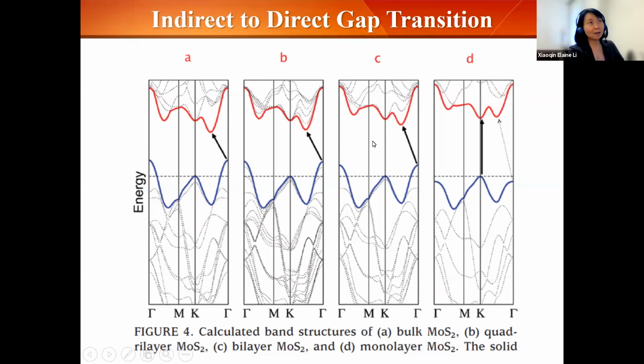And they're not lined up until you're all the way down to the monolayer limit. So from a bilayer to monolayer, you have a fundamental change in the band structure. And when it becomes a direct gap semiconductor, that light emission becomes 100 times or even more efficient.